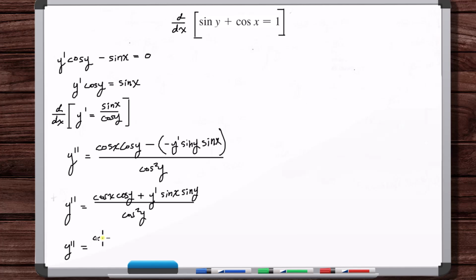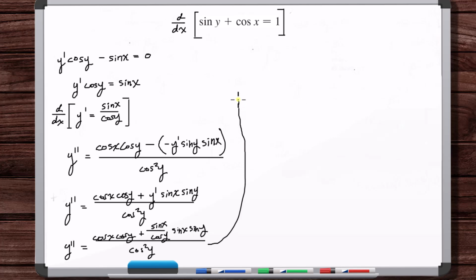Okay. So continuing to simplify. And we notice that sine of y over cosine of y is tangent of y.